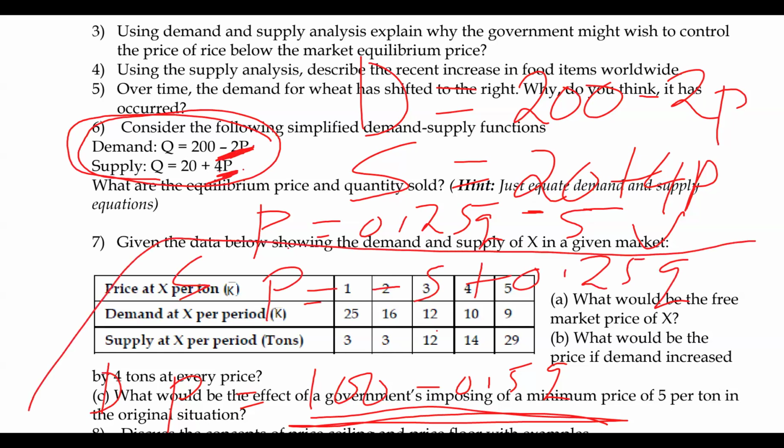Now, the message that I want to communicate is that before you equate these two functions to each other, make sure that they are of the same form. If the demand function is inverted, also invert the supply function.